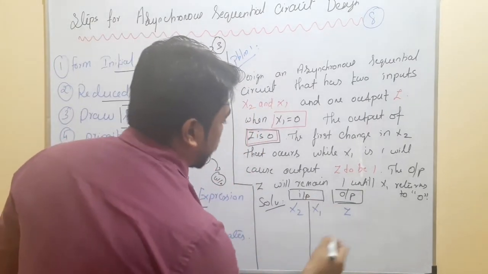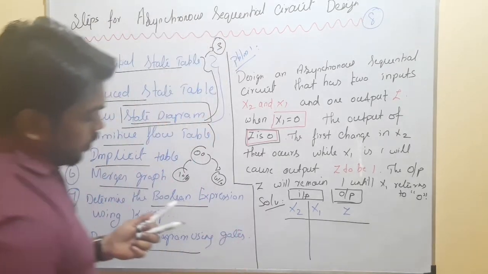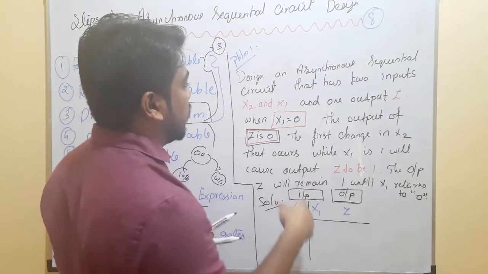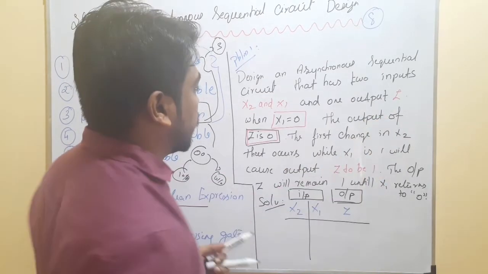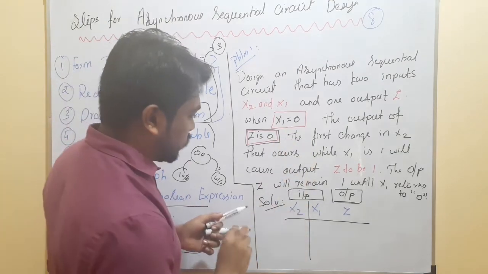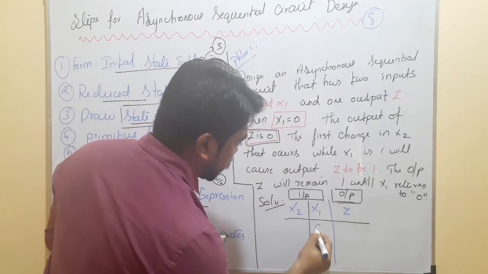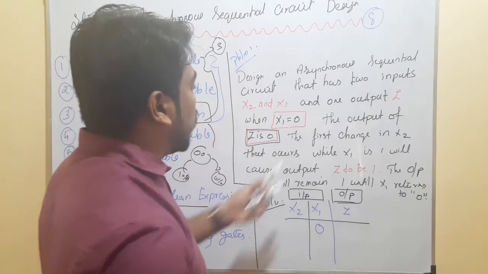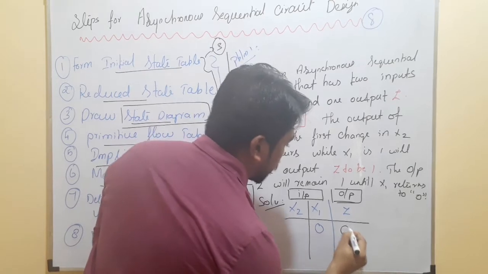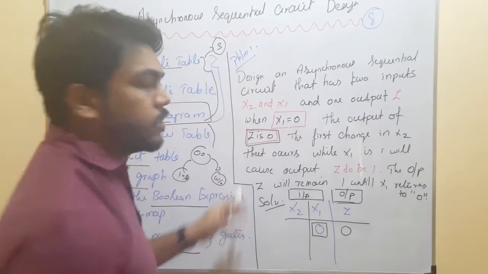We have differentiated it. Now, when x1 is equal to 0, the output z is 0. That is the default.